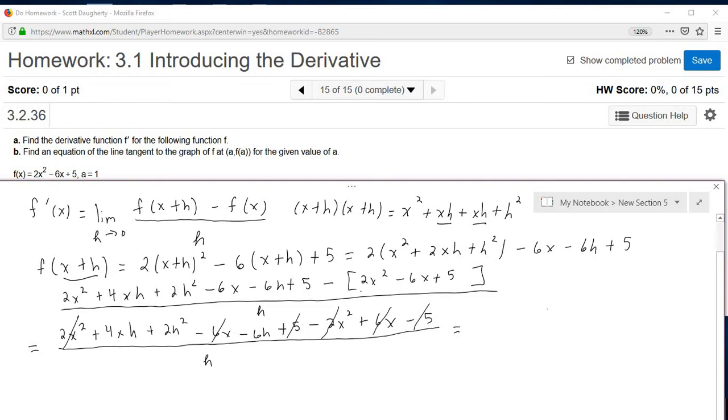Now, you should take note of this. This is the f of x part right here, the stuff in the brackets. Every one of those terms should cancel out if this is going to work. And in this case, they did. So you should always check to make sure every one of those terms cancels out with terms from the f of x plus h piece, which is right here.